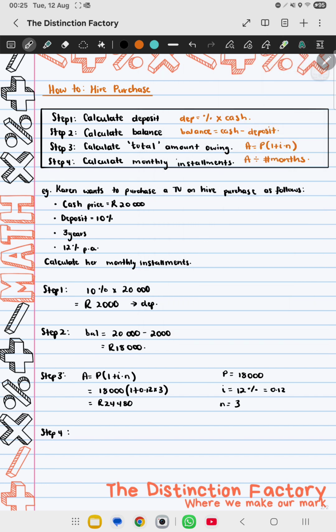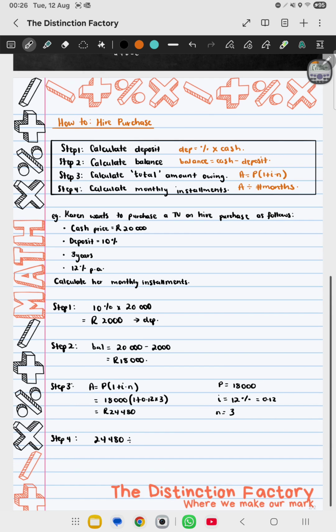Step 4 says we need to calculate her monthly installments by taking this A value that we just got of 24,480 and dividing it by how many months she's paying this off. They tell us that she's paying for 3 years, and we know that 3 years can be converted into months by timesing it by 12.